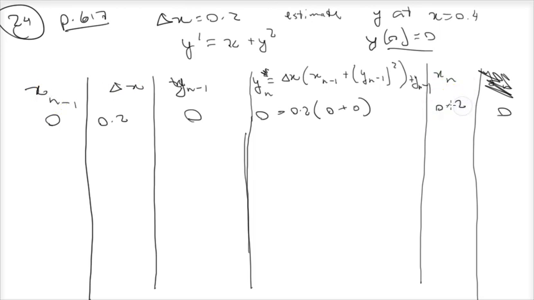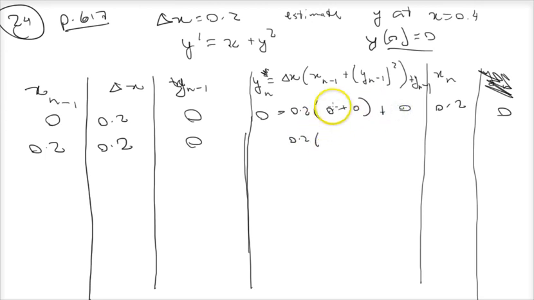So now the old x is 0.2, the step size is still 0.2, and the old y is 0. Now we're going to get our new y, and we have a step size of 0.2. Remember we were adding that to 0.